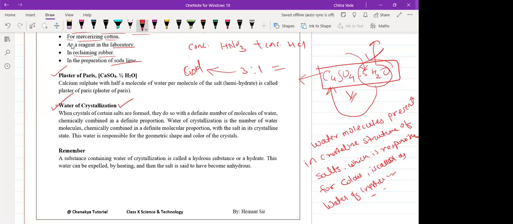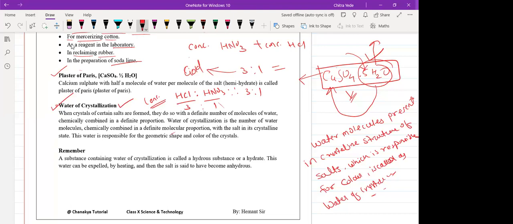Okay, then we had to go through nitric acid and hydrochloric acid. Their ratio is not 3 to 1 for nitric acid, it is 1:3. One part is nitric acid. You can write it like this: HCl to HNO3 is 3:1, meaning 3 parts HCl, 1 part HNO3, and concentrated.